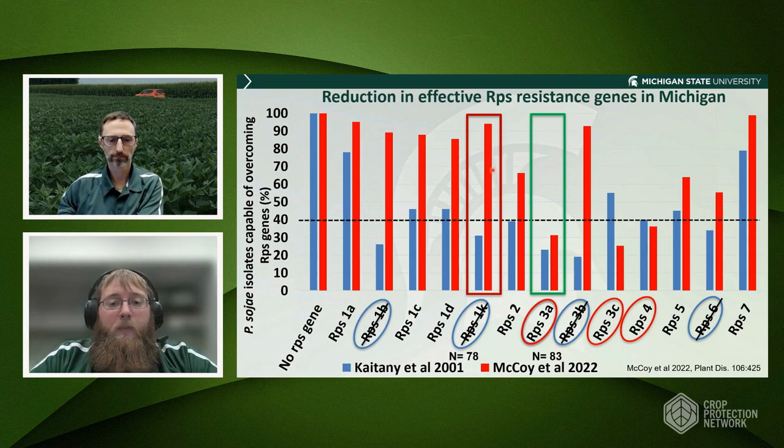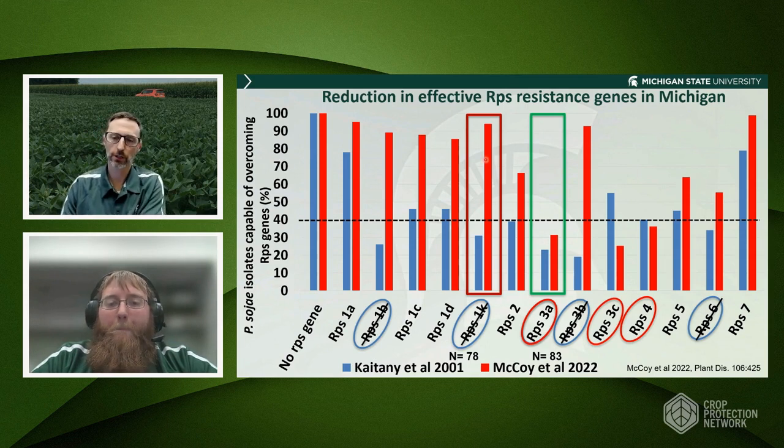There were genes like RPS3A that didn't change in efficacy too much and could still potentially be used as an effective means of management. But we were very surprised to see this percentage of isolates able to overcome these resistance genes. I mean, 80% plus were able to overcome RPS1C and RPS1K.